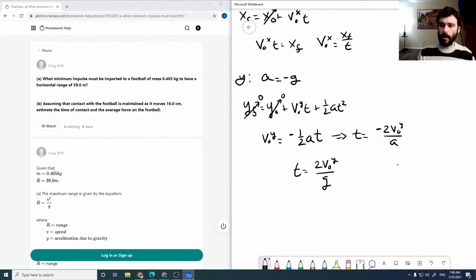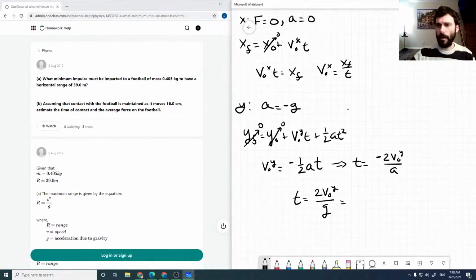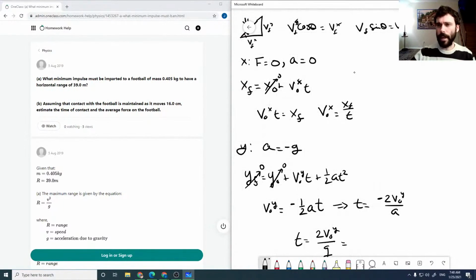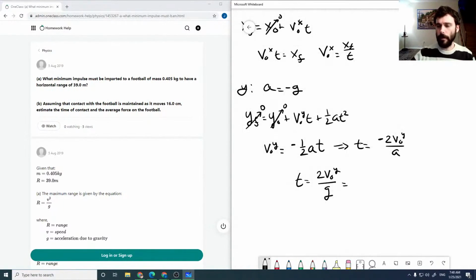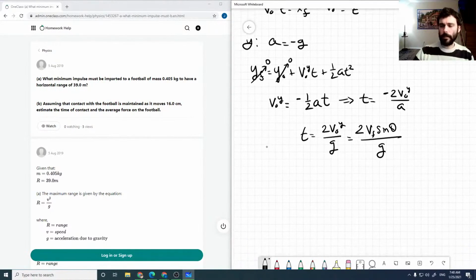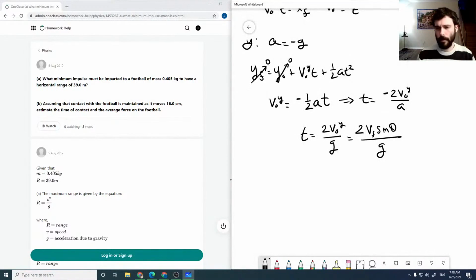And we know that our V naught Y is our VF sine theta from above. So then this is 2 VF sine theta over G. And now we can use this time in our V naught X expression above.